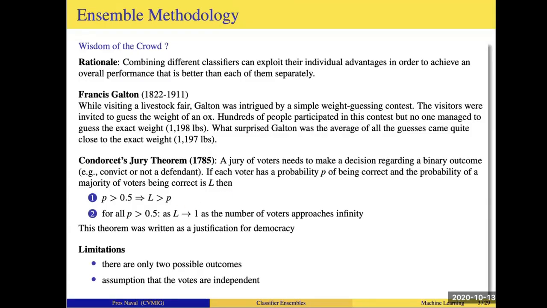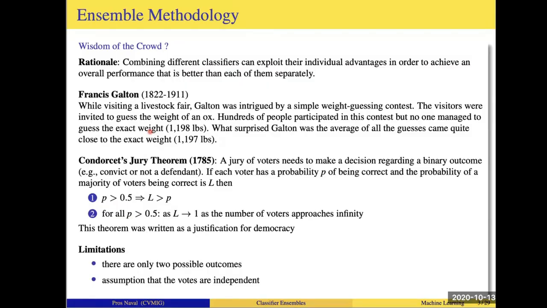So again, if the probability of each voter being correct is less than 50%, meaning it's likely that the voter is going to be wrong, then having more voters in a jury will make things worse.